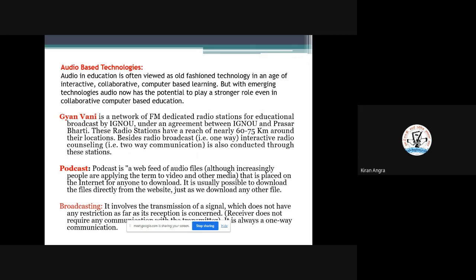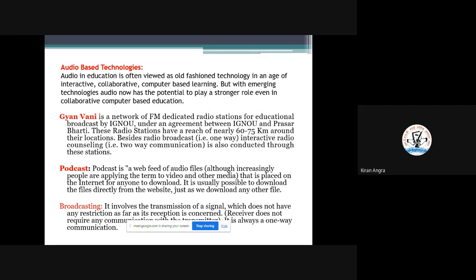If you want to learn music, there are some classical plays over there. The radio is usually called a challenging textbook of the air. So even remote or far-flung areas can be reached with this radio, with this audio-based technology.